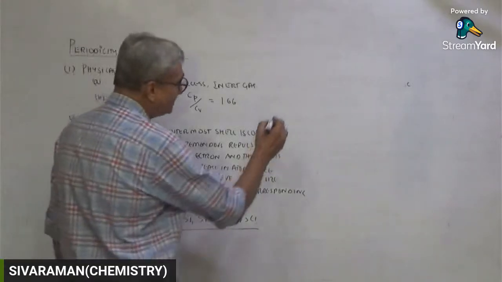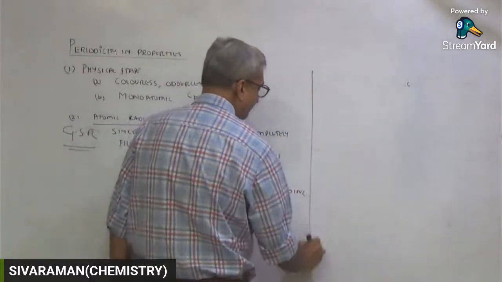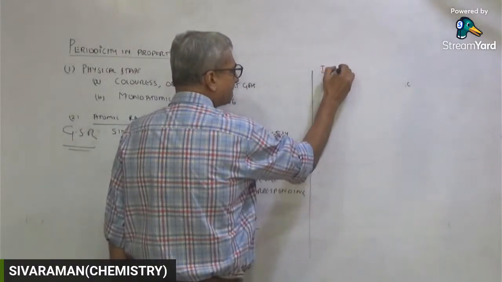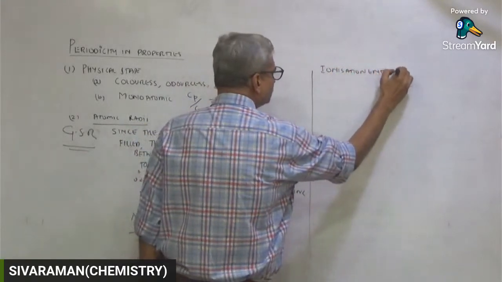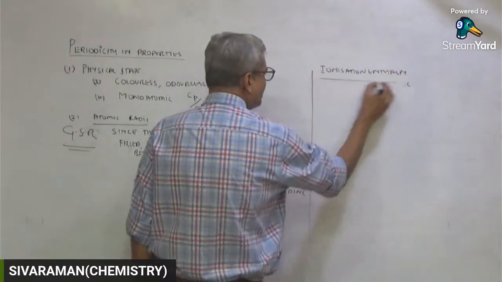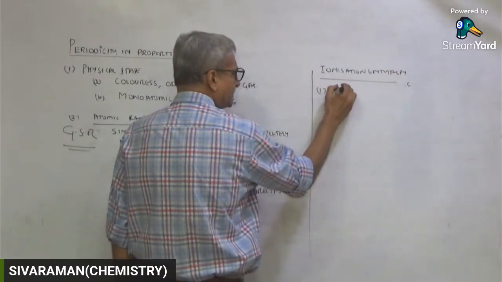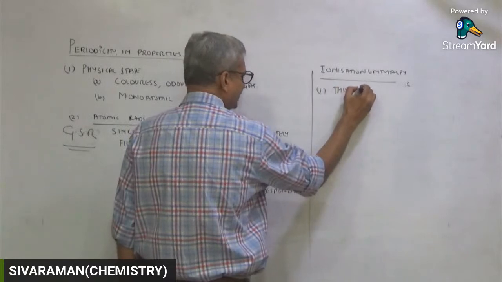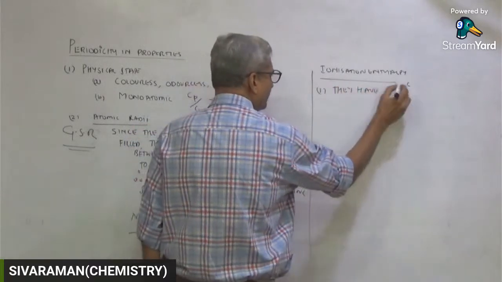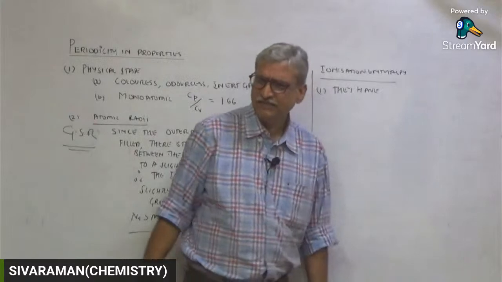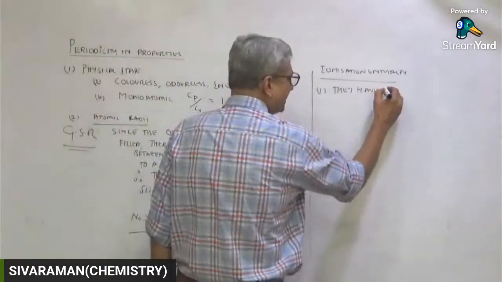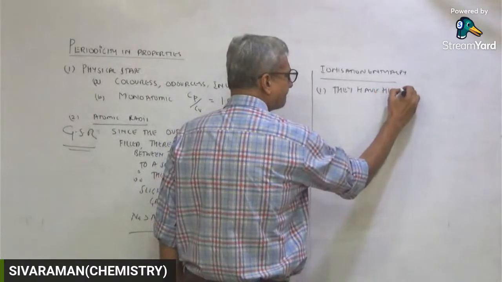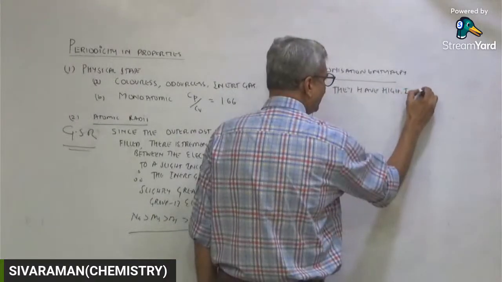Then we come to ionization enthalpy. Very interesting. First and foremost, they have the highest ionization enthalpy. Helium, neon, argon, krypton, xenon, all have high ionization enthalpy.